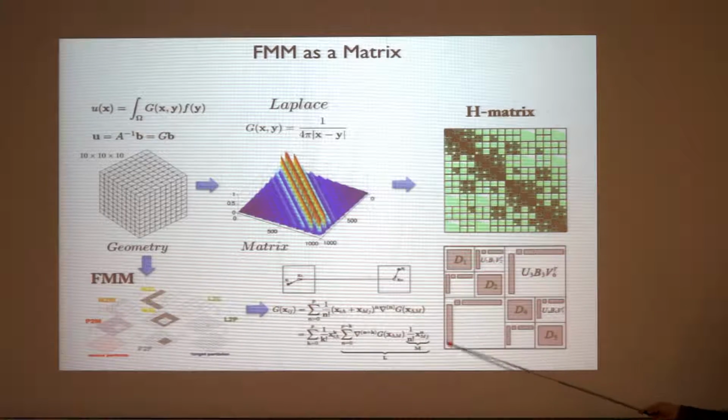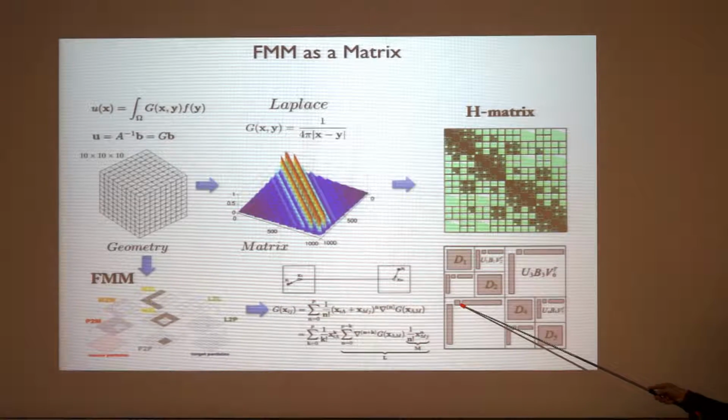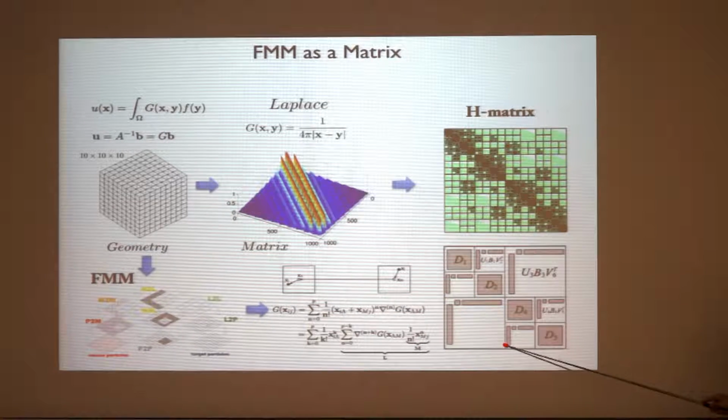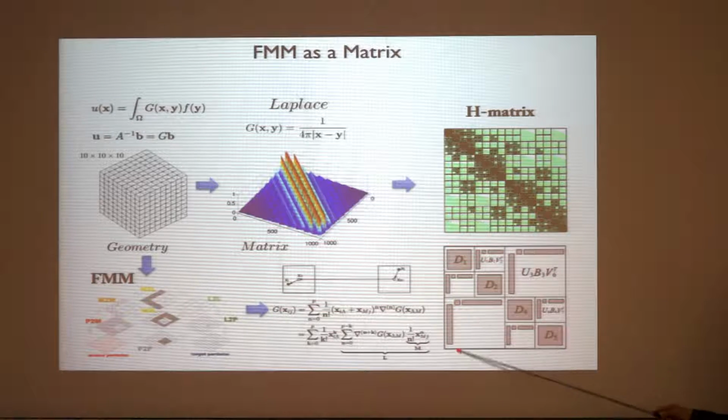So you can represent this big dense matrix, so say that this was completely dense and full of numbers. You can represent this with very few numbers, and if you do this multiplication of this times this times this, it will reproduce the big dense matrix.